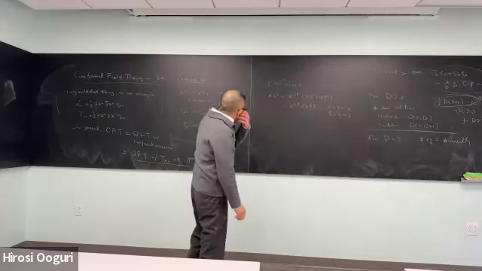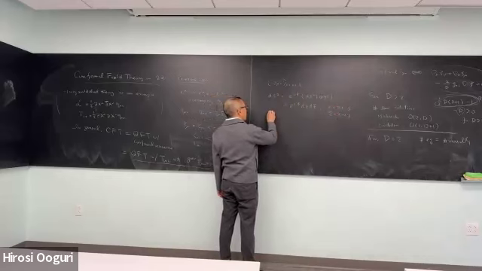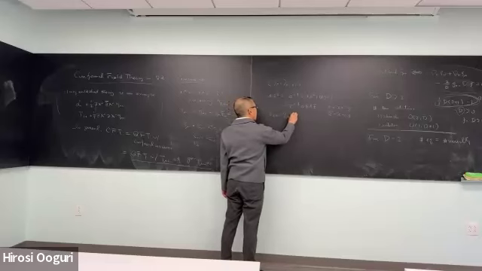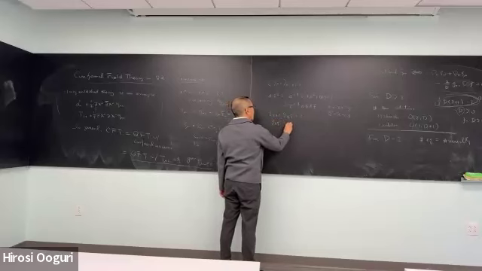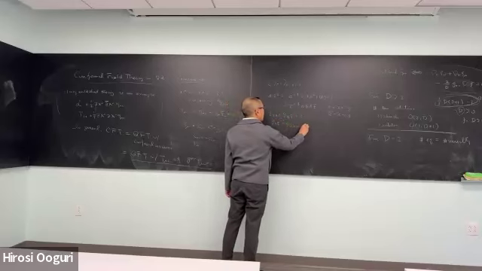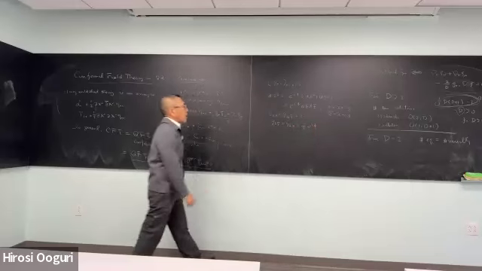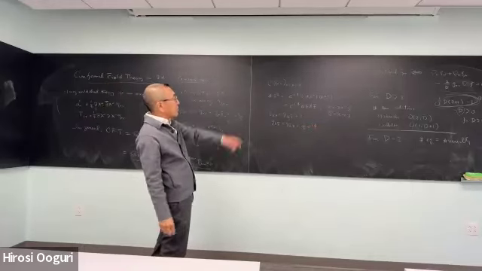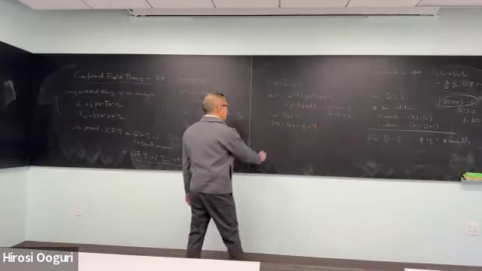In this coordinate system, the zz component is 0, and g z z bar is equal to 1/2. Then we can ask how the equation looks.